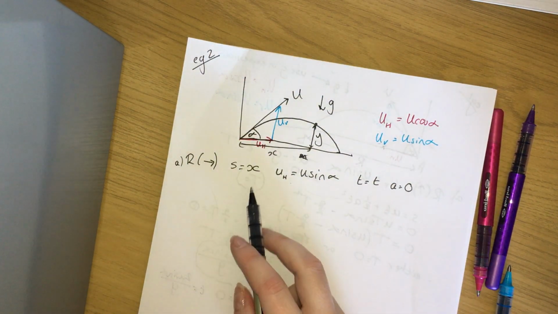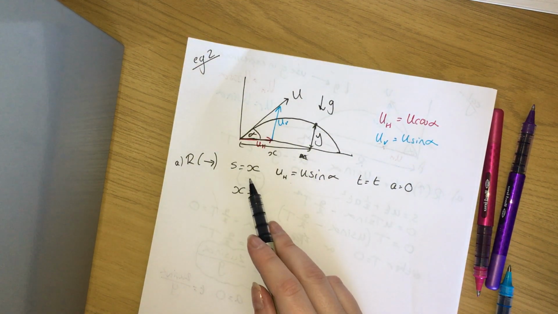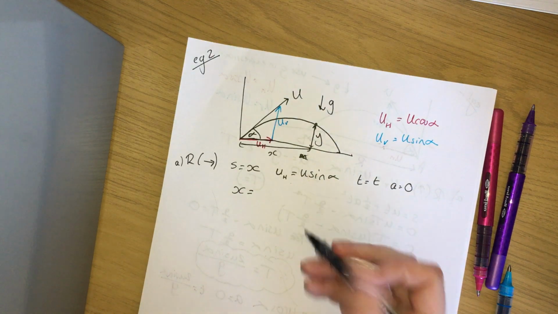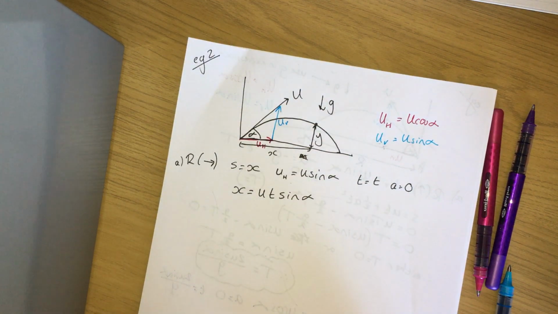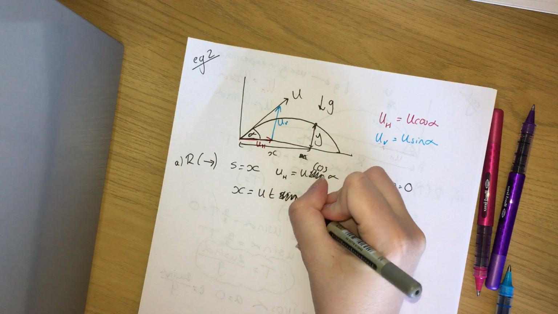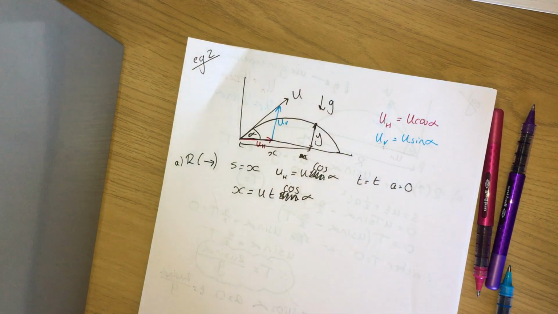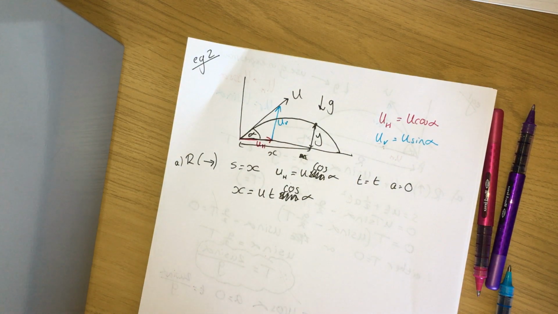So horizontal displacement is just displacement is equal to velocity multiplied by time. So ut cos alpha. Sorry about that, I was reading my work wrong. I should do these in colours really so that I can see what I'm doing, but there we go. Okay, so x is ut cos alpha.